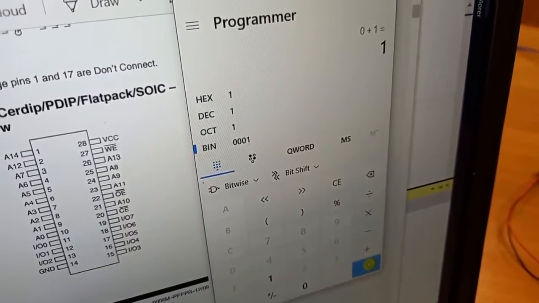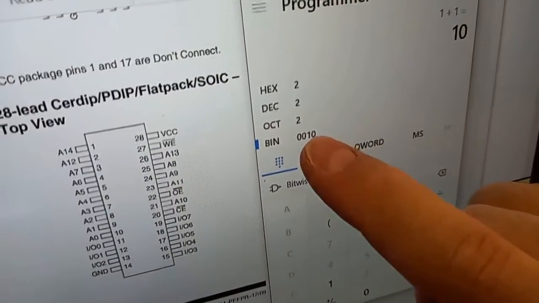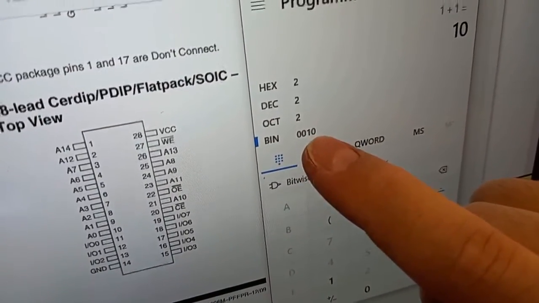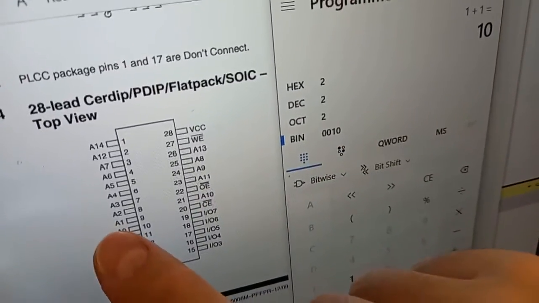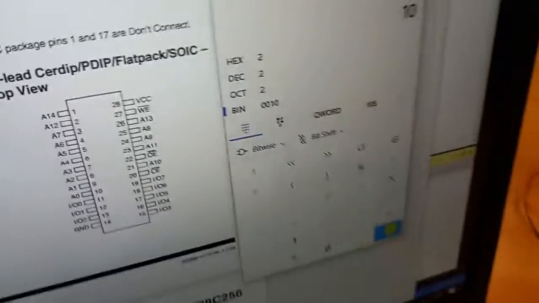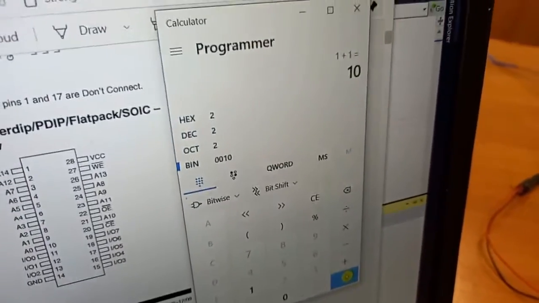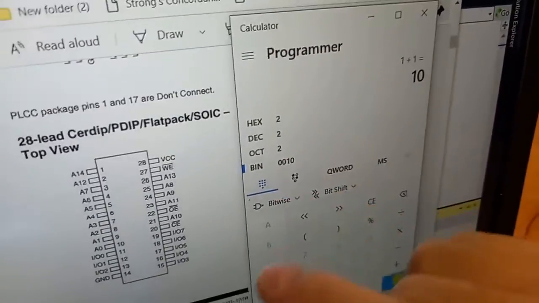When we give one more, that means 1 at address A1 and 0 at address A0. All the rest are zeros. But actually it is address number 2.